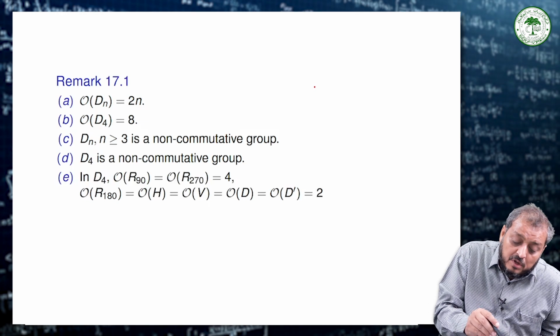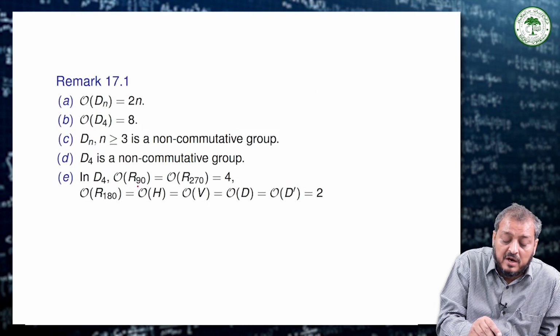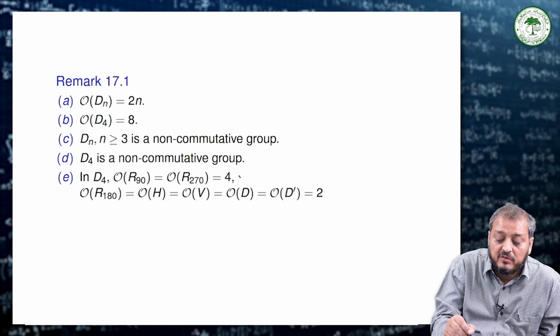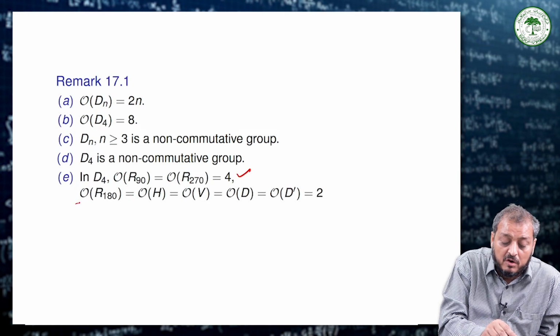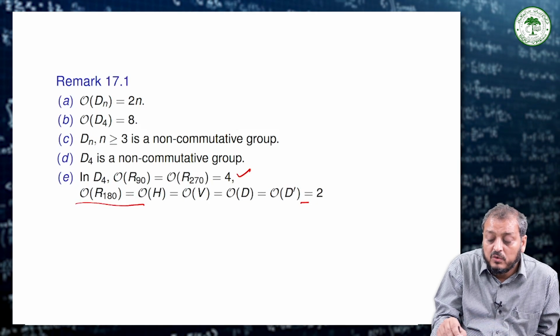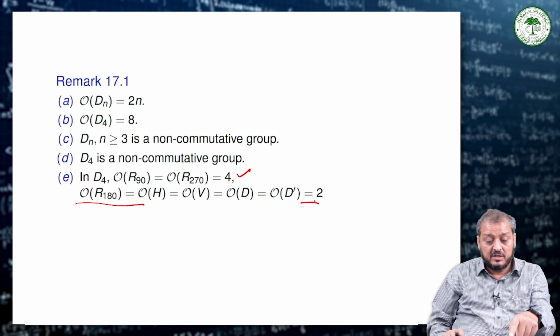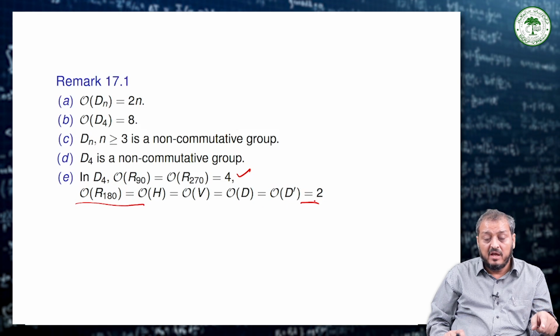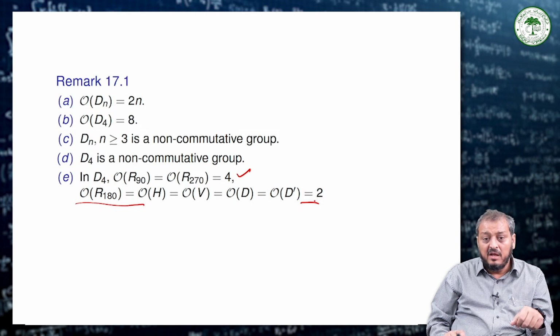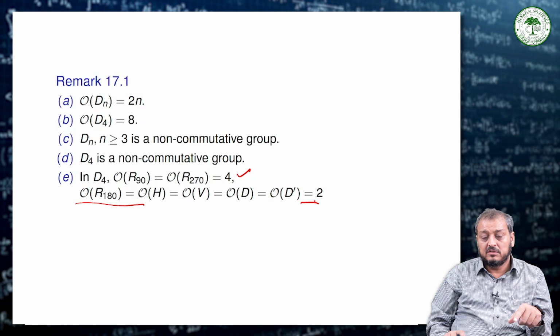In D4, the order of R90 and the order of R270 is equal to 4, and the order of the reflections is equal to 2. Now just check, if we have D4, we take R90 and R270.